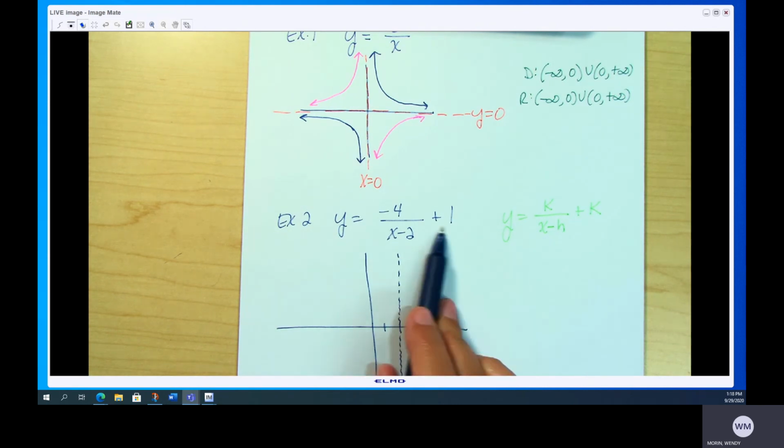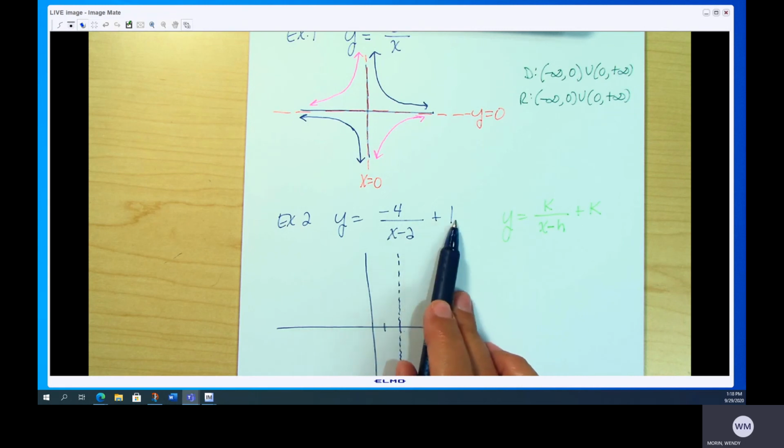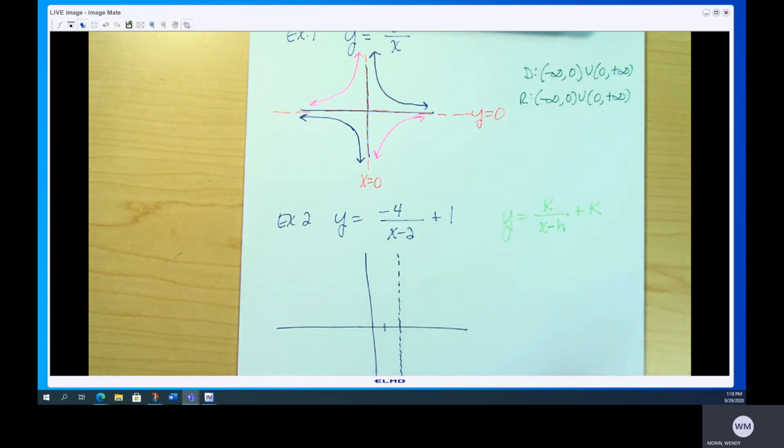Okay? Now when I put a plus 1 on the end of all this, I get a y value and I add 1. So where's that going to translate? That's going to translate up 1. So instead of having your horizontal asymptote at y equals 0, you're going to have your horizontal asymptote at y equals 1. So think of this as your new origin.